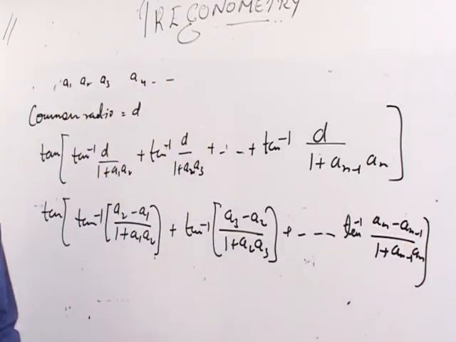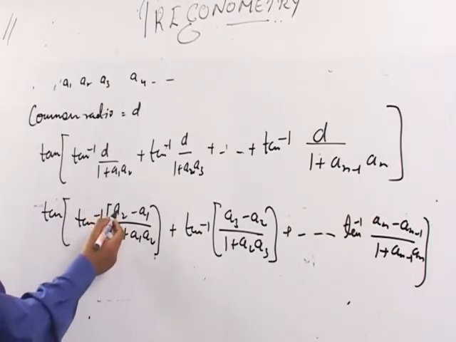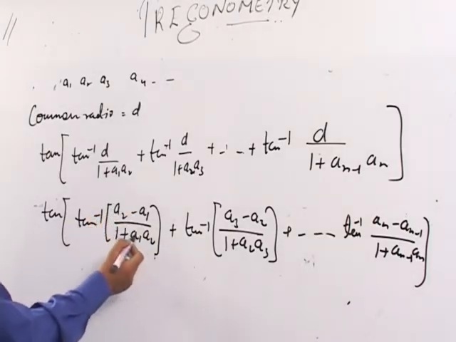Now this is tan inverse of (tan A minus tan B) over (1 plus tan A tan B).